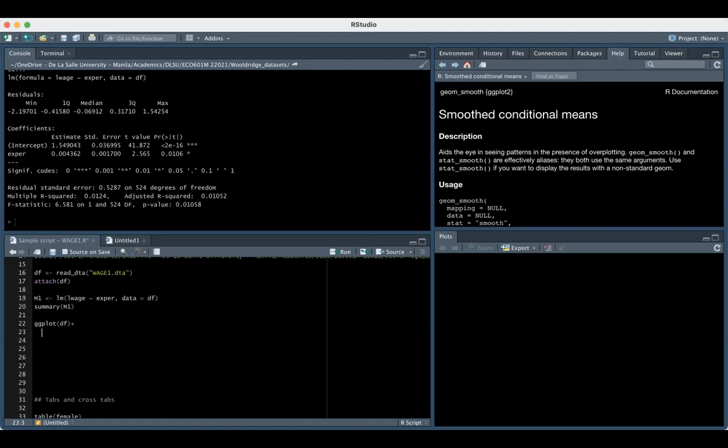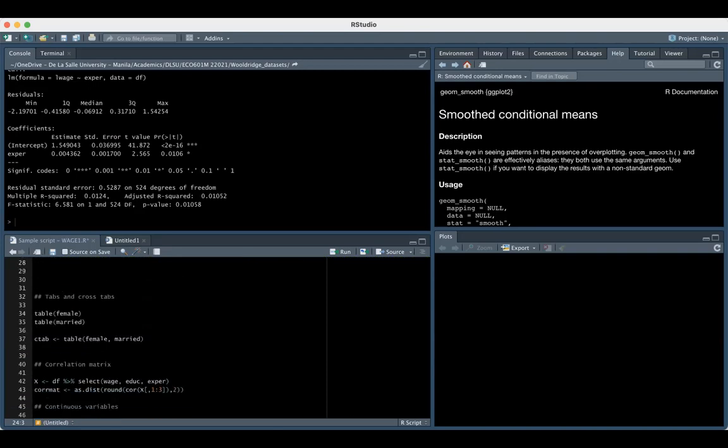We have a scatter plot, so it should be geom_point. Let's identify the variables: you have x experience, y lwage. That will generate the scatter plot. You can also set the color or the size later on, but that doesn't really matter. And you have your fitted line.